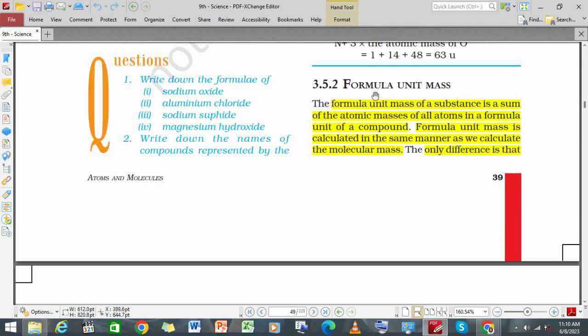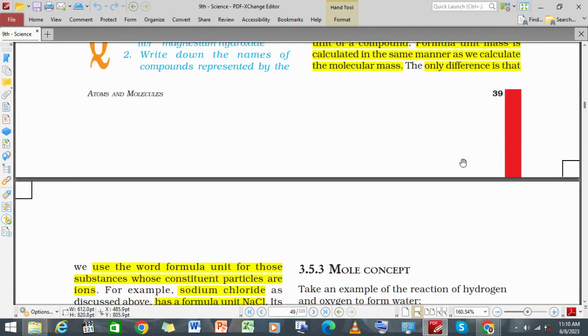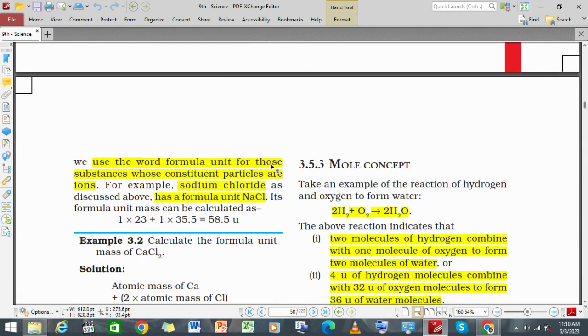All right. The formula unit mass of a substance is the sum of the atomic masses of the atoms in the formula unit of a compound. The formula unit mass is calculated in the same manner as we calculate the molar mass. The only difference is that we use formula unit for those substances whose constituent particles are ions.